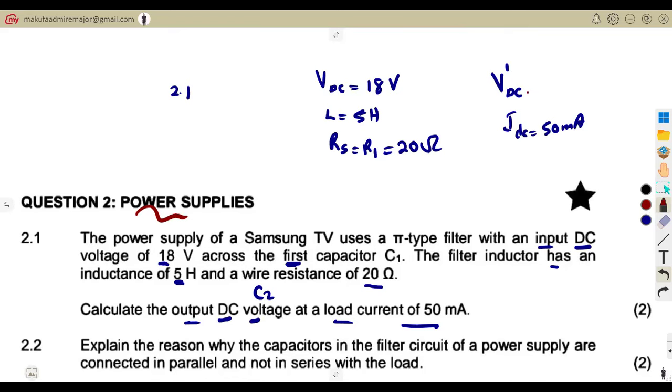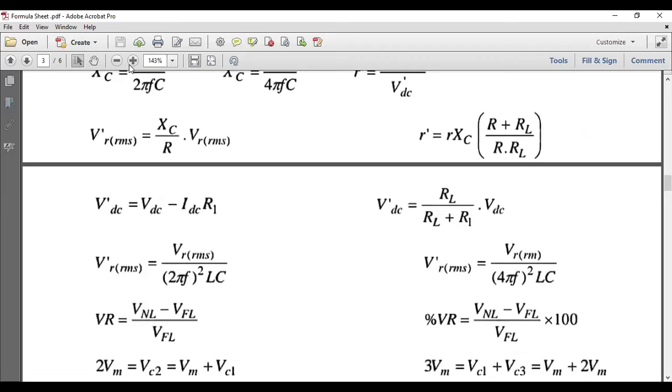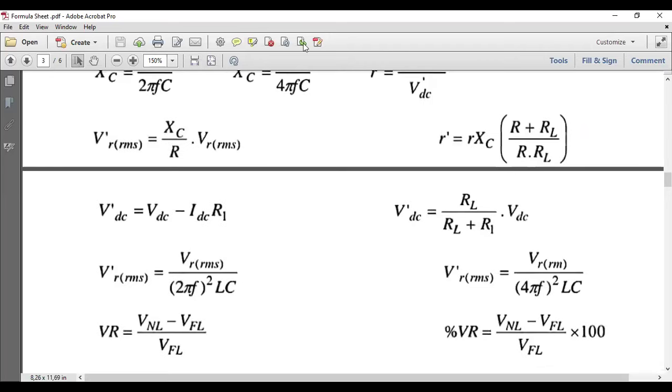If you consider your formula sheet, remember, I referred to this formula that can also be used, which gives the VDC at the output as the VDC that we had at the input minus IDC times RC. So this can be used in simplification. Using this formula, guys, you can see we've got everything that we need.